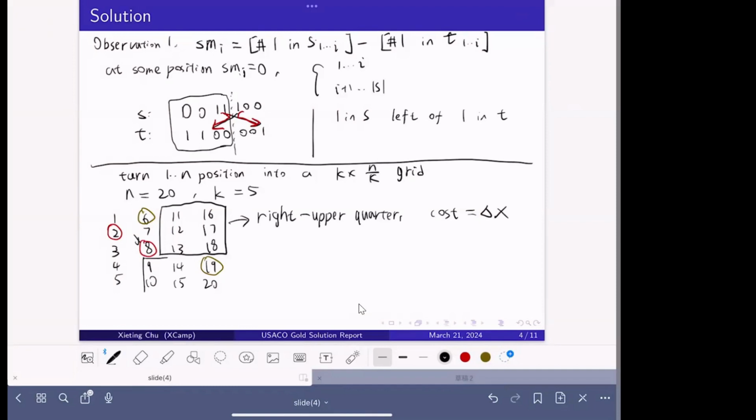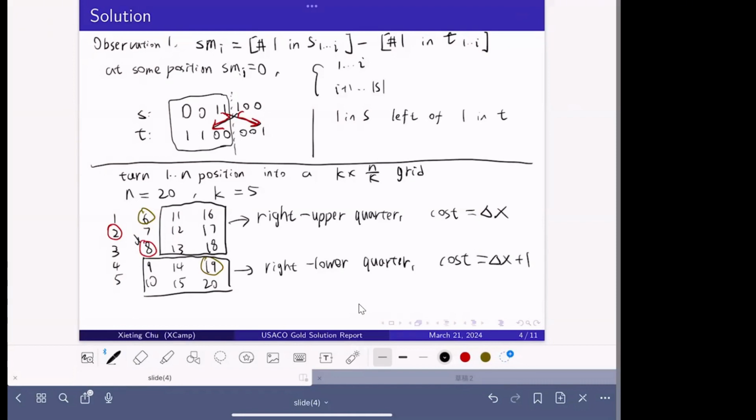And if we swap this 8 to the right lower quarter, then the cost should be delta x plus 1.